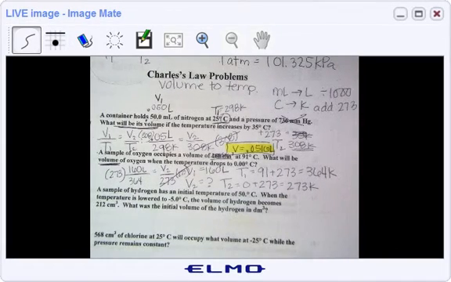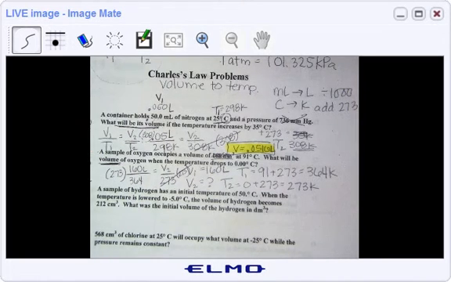Dylan, what did you get? 120? Yes. V2 is 120 liters.